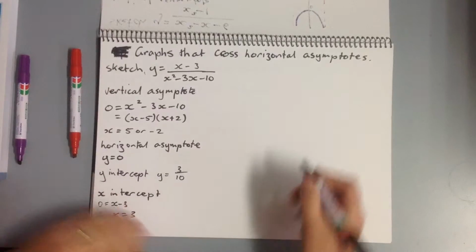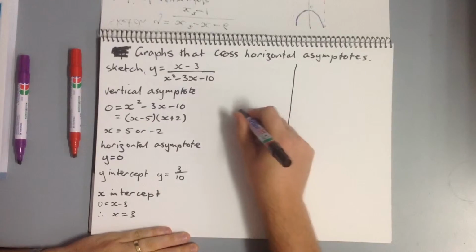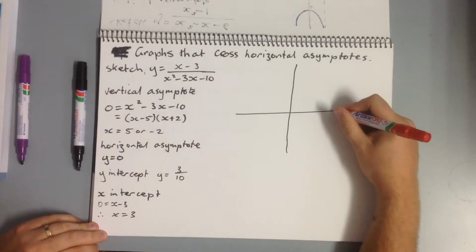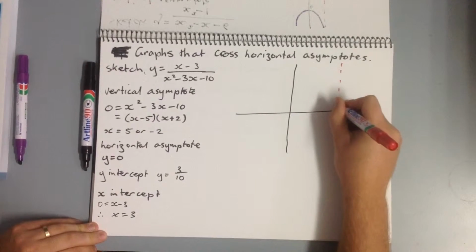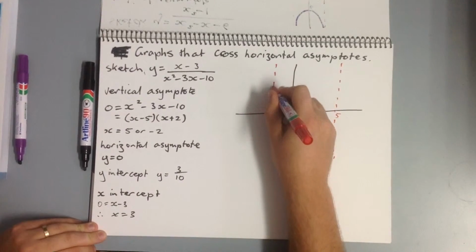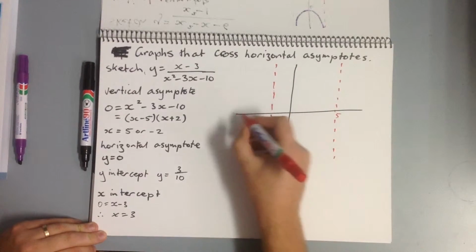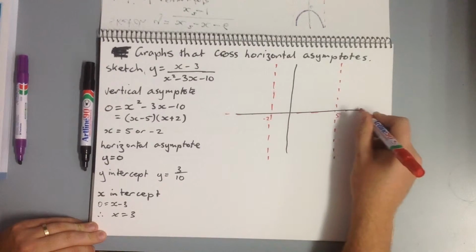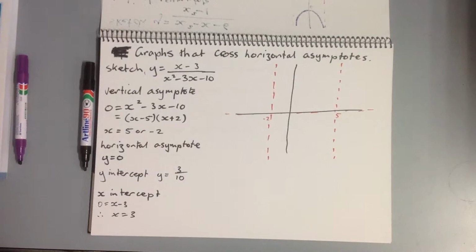So we can start to build up our graph. And so we've got vertical asymptote at 5, and down at negative 2. And we also know that we've got a horizontal asymptote at the x-axis. Okay?